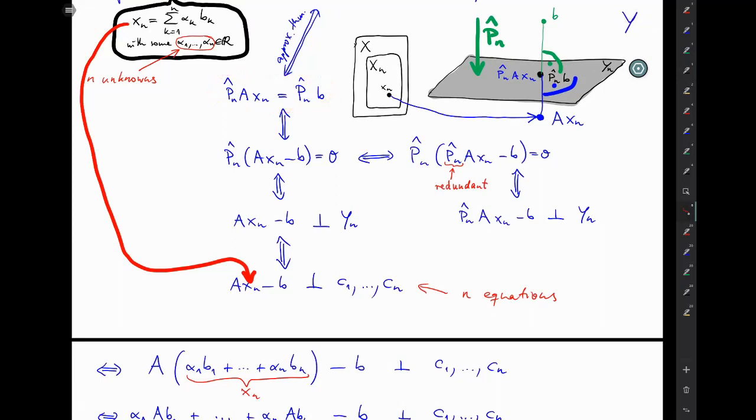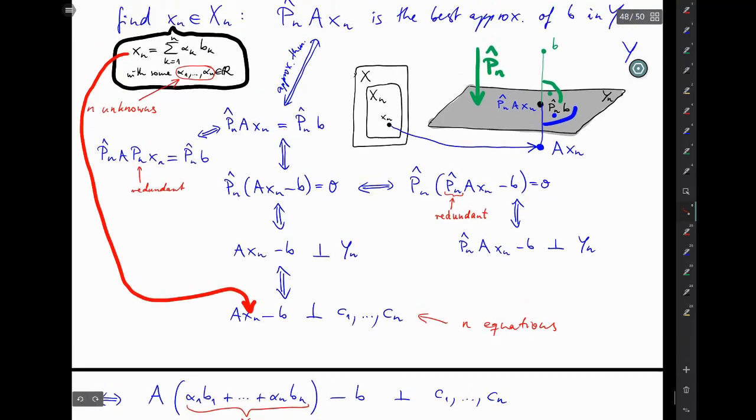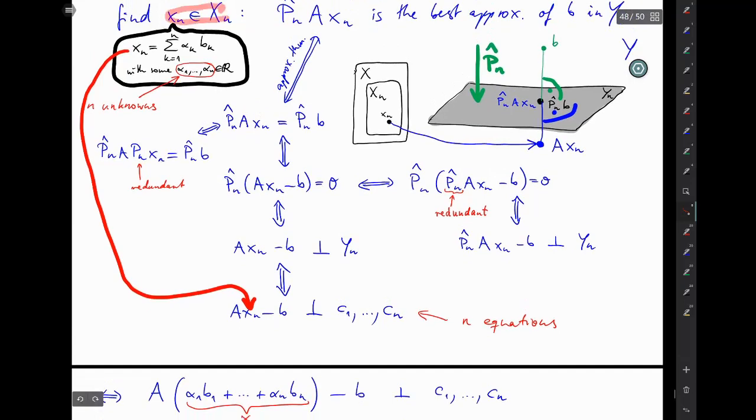All we have to do is to just squeeze the projection Pn between A and Xn, where this projection Pn here is of course redundant because Xn is already in the subspace. There's no need to project it down again. Okay, but now you have the form that you want. So I think now everyone's convinced that Galerkin methods are projection methods.